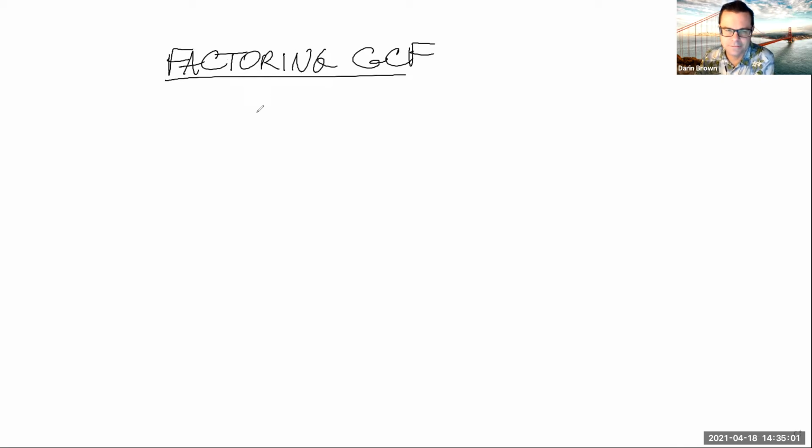So factoring GCF. Let's look at something like 3x squared plus 6xy minus 15xy squared.